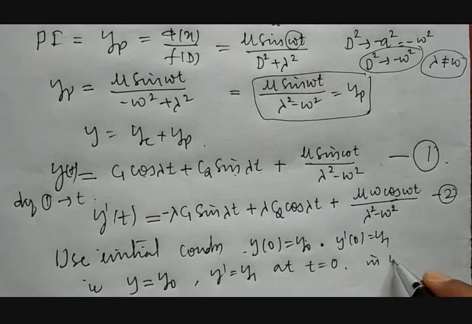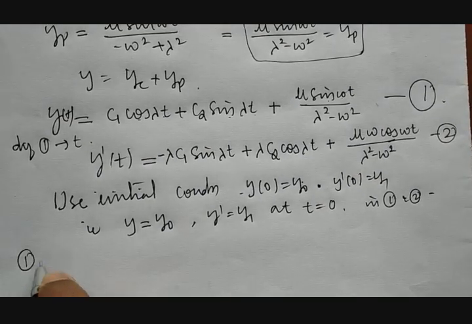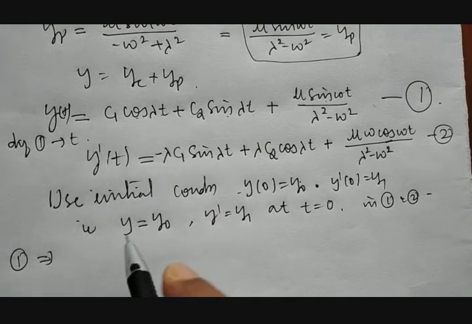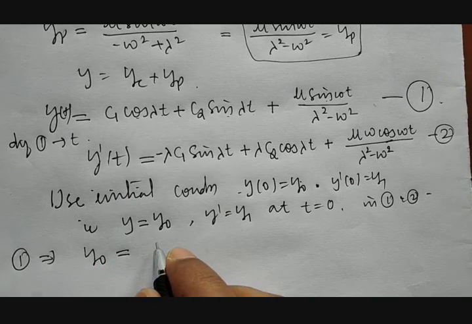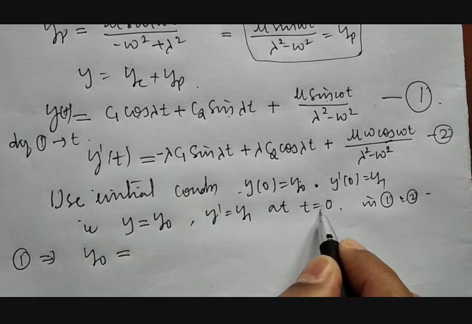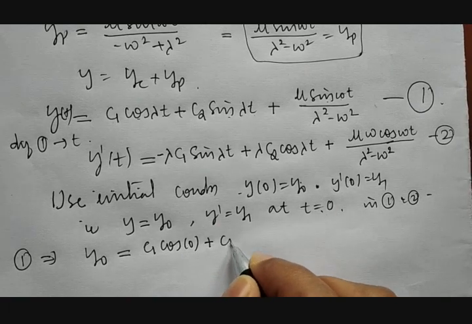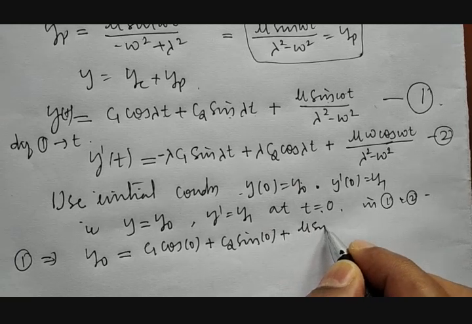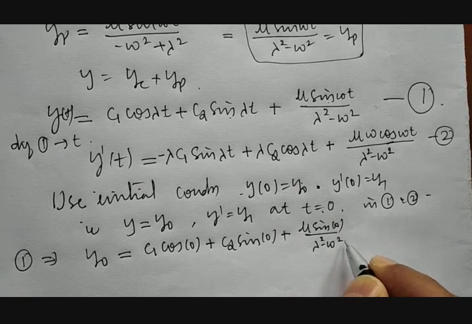So substitute these results in equation number 1 and 2 separately. If you put it in equation number 1, what is equation number 1? Y of t means y is equal to y naught. So y naught is equal to C1 into cos lambda t, but t is 0. Therefore it becomes C1 into cos 0 plus C2 into sin 0 plus mu into sin 0 divided by lambda square minus omega square.